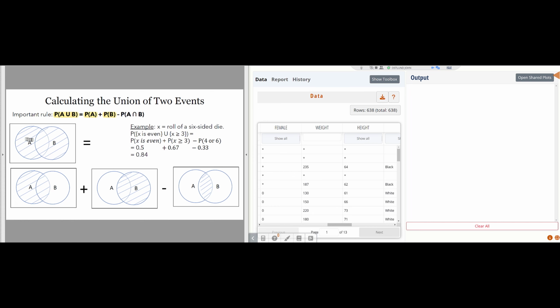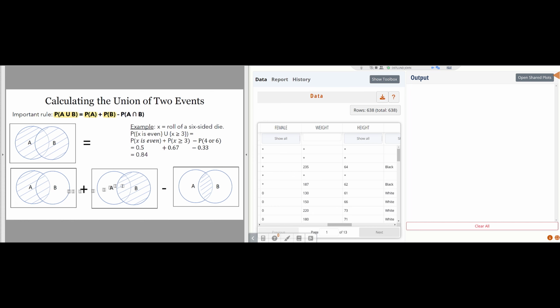All right, so if we want to calculate the probability that we randomly select someone who is a man or is more than 6 feet tall, this is going to be the proportion of all humans that are men plus the proportion of all humans that are 6 feet tall.